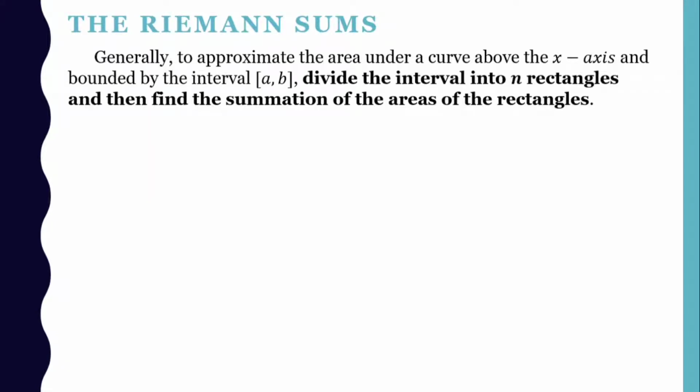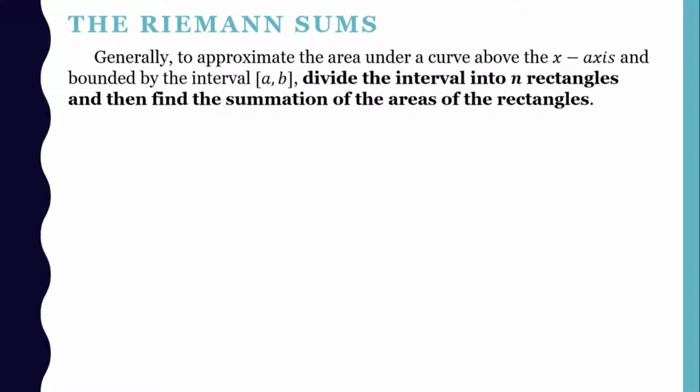First, what is the Riemann sum, or Riemann sums? Now, generally, to approximate the area under a curve above the x-axis and bound by the interval a to b, we divide the interval into n number of rectangles and then find the summation of the areas of the rectangles.